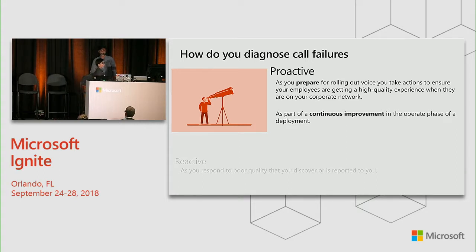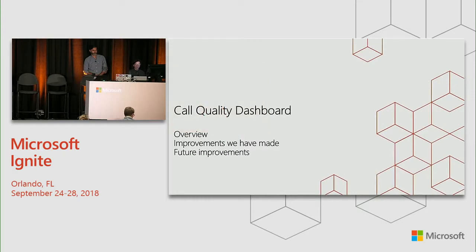So, what is the tool that gives you the ability to see the trend? That is CQD, the Call Quality Dashboard, and I'm so excited to talk about this today. First, I would like to give an overview for some of you who have used it, or first-time users who haven't used it ever before.